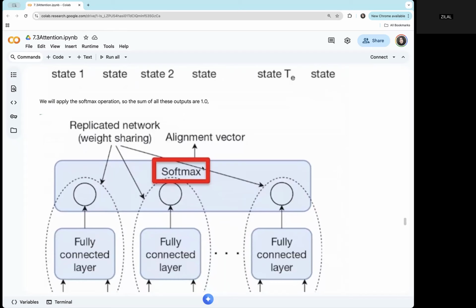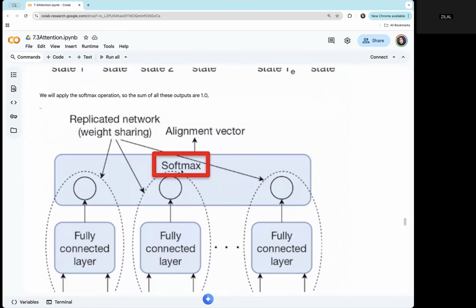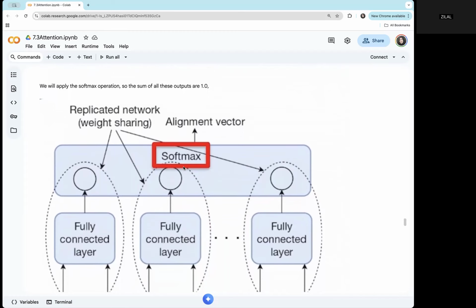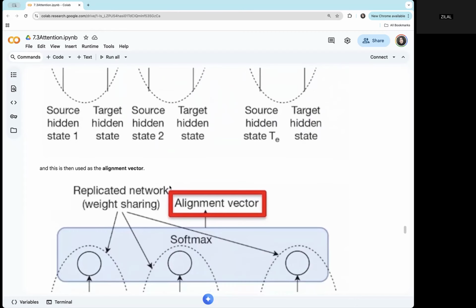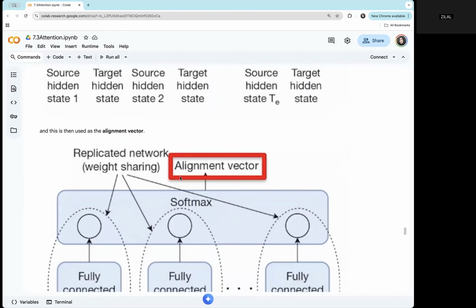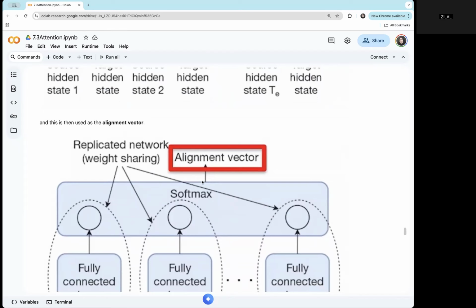We will apply the softmax operation, so the sum of all these outputs is 1.0. And the output of the softmax is then used as the alignment vector.